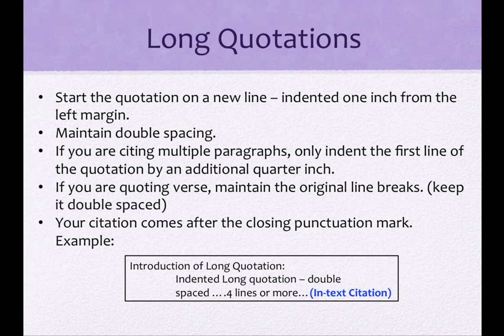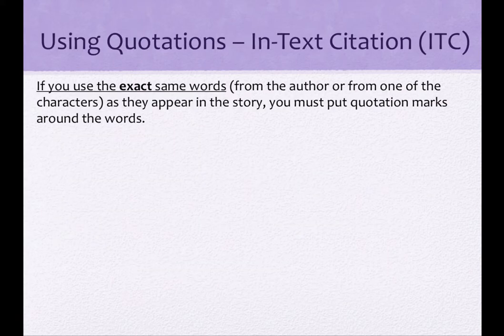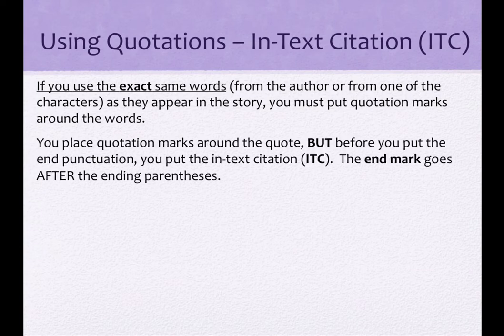If you're going to use quotations as your in-text citation, if you use exact same words from an author or from one of the characters as they appear in the story, you must put quotation marks around the words. You place quotation marks around the quote, but before you put the end punctuation, you put the in-text citation, the ITC, in.